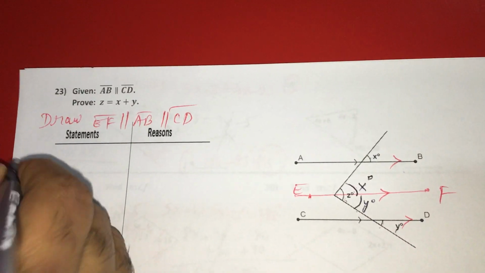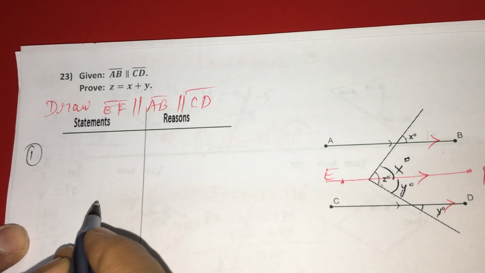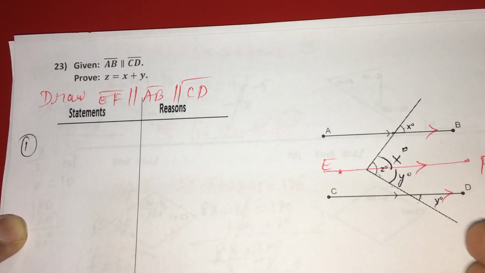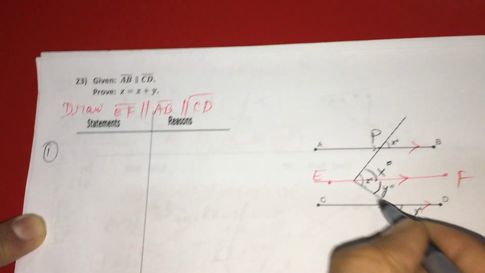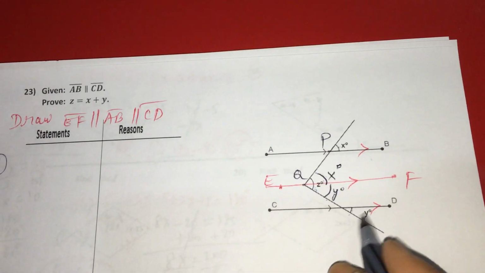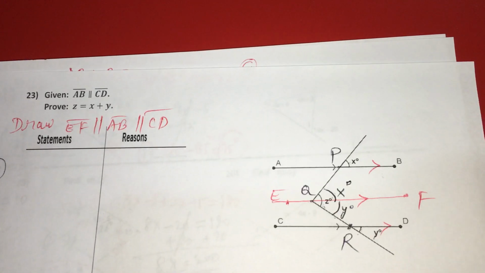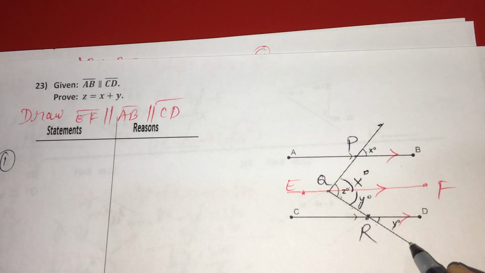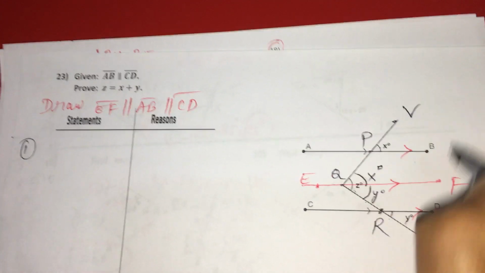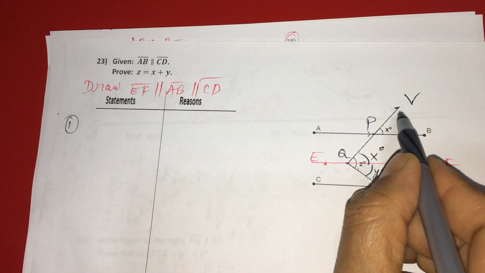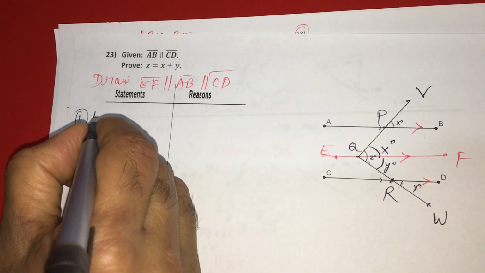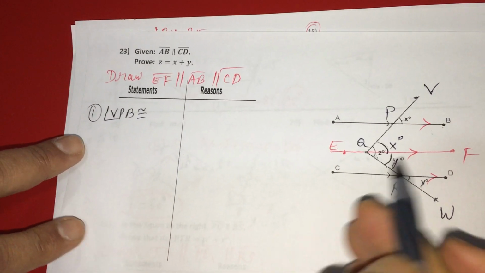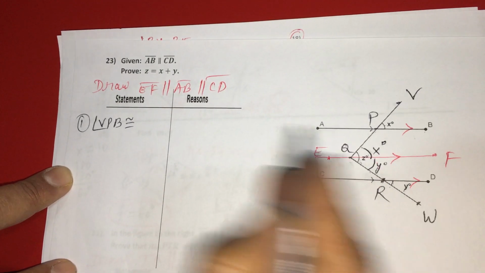Like that we prove. For the first step, I can name this point as P, this point as Q for our reference, and this point as R, and here I can name this as V, W. See here, angle VPB is congruent to angle PQF.